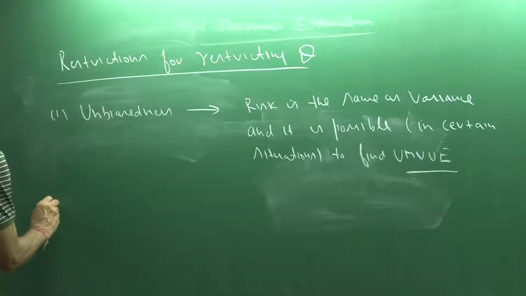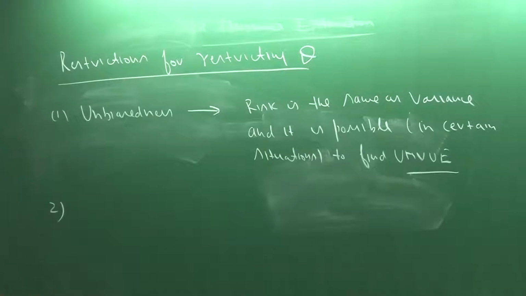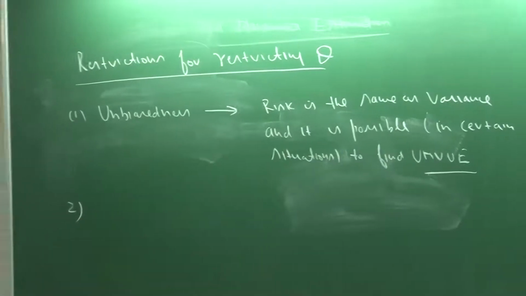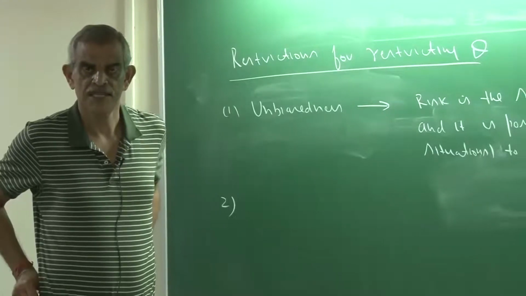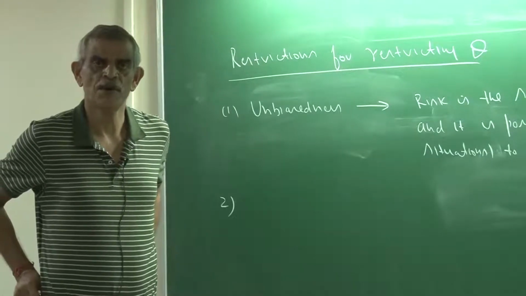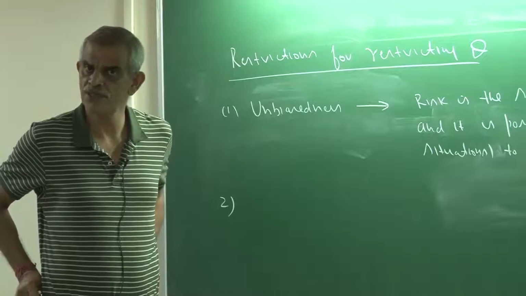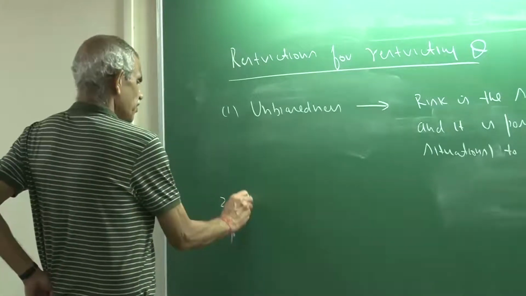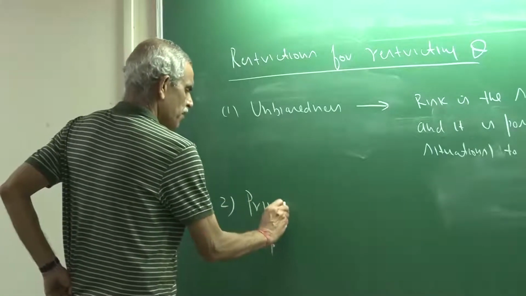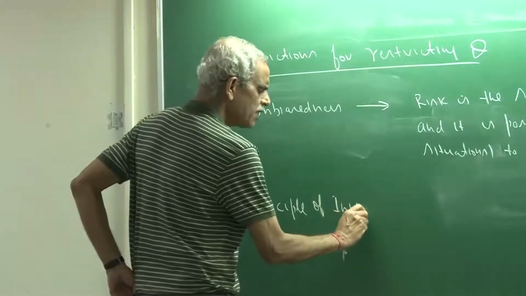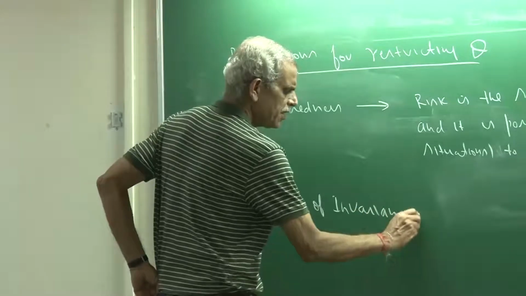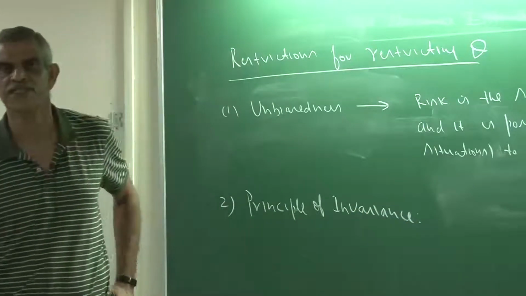The other restriction which we started in this course is applicable in certain situations where the estimation problem under consideration has a nice structure, in the sense that your estimation problem is invariant under a group of transformations. So the second reasonable condition which we studied in this course was the principle of invariance.